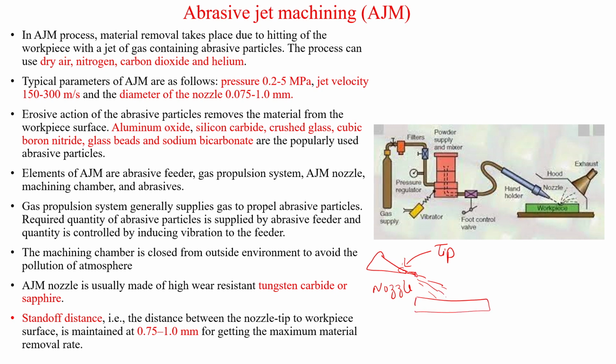The perpendicular distance between the nozzle tip and the surface of the workpiece is called the standoff distance. It has to be chosen very correctly for effective machining. Generally, for getting the maximum material removal, it is 0.75 to 1 mm. Very close to the workpiece.